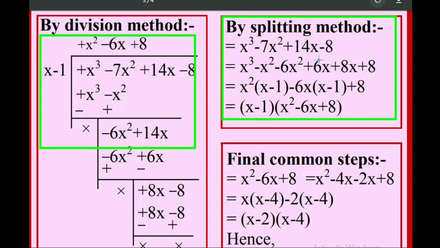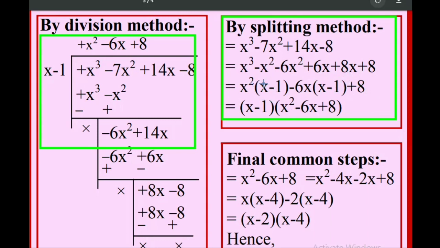Now from plus 14x, one value plus 6x is available. Then what is left? That is plus 8x, so that these two together become plus 14x. Now 8x is left.